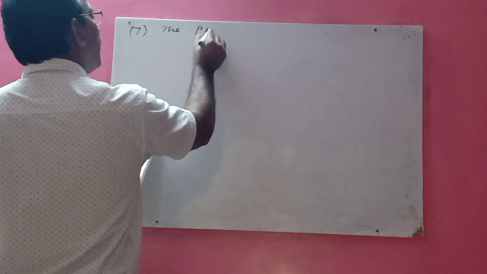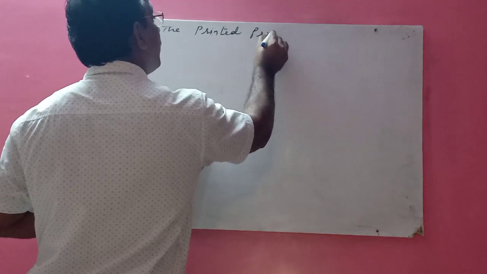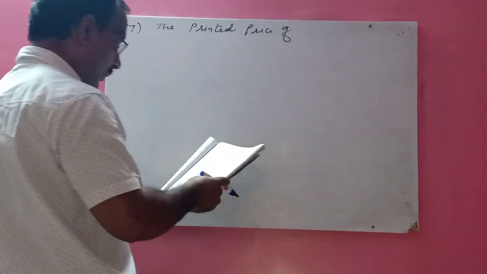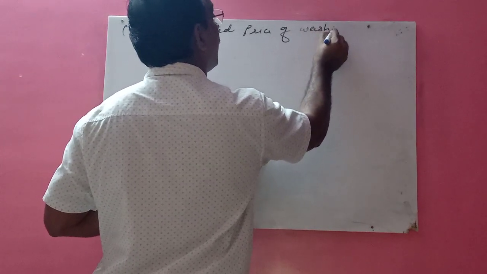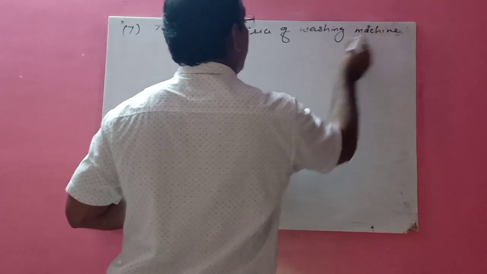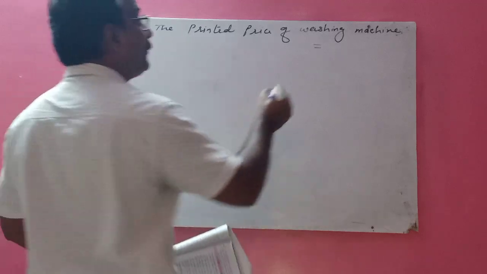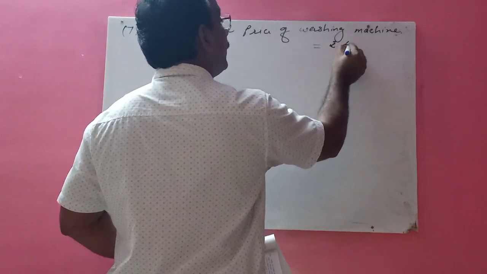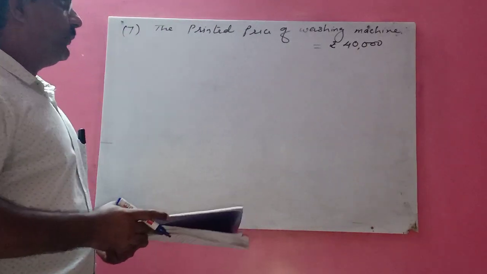The printed price of the washing machine, right, is how much, children? It is given rupees 40,000.